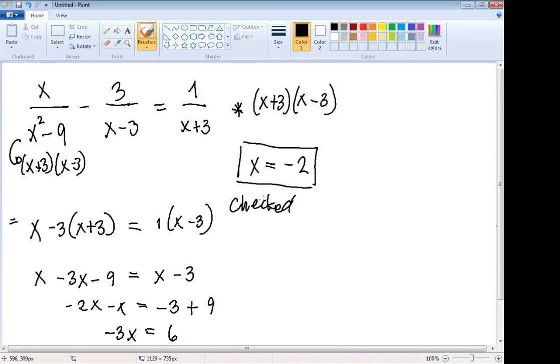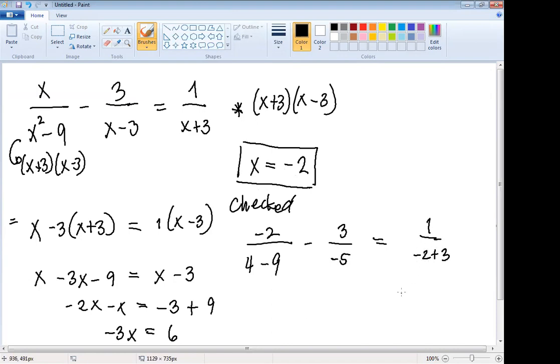When we check, we will have negative 2 over 4 minus 9, because negative 2 squared is equal to positive 4, minus 3 over negative 2 minus 3, that is negative 5, equal to 1 over negative 2 plus 3, which is equal to 1.